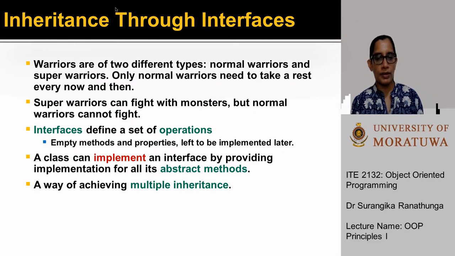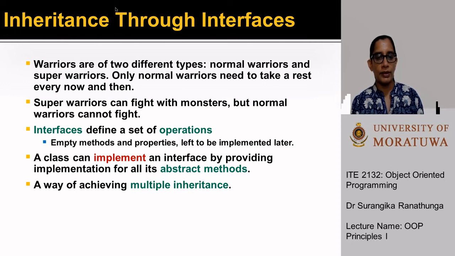However, if the fighting code is the same, again we have the problem of code redundancy. However, we cannot create a new superclass to capture the common fighting properties of super warriors and monsters, because Monster is already extending the GameInhabitant class, and our SuperWarrior will be extending the Warrior class, and Java supports only single inheritance. So in that case, interfaces come to help.